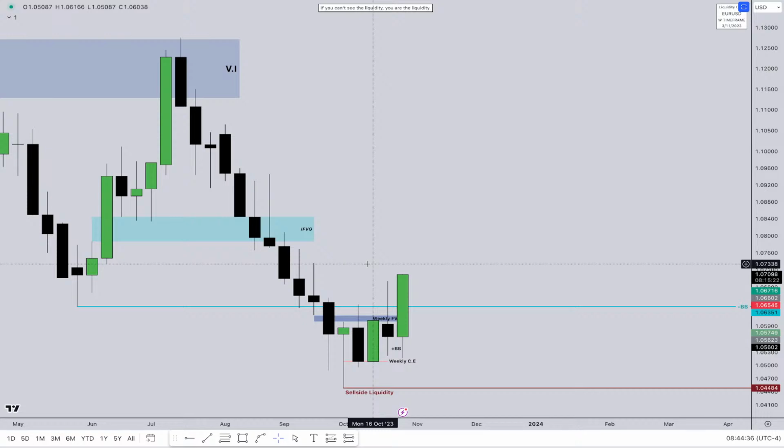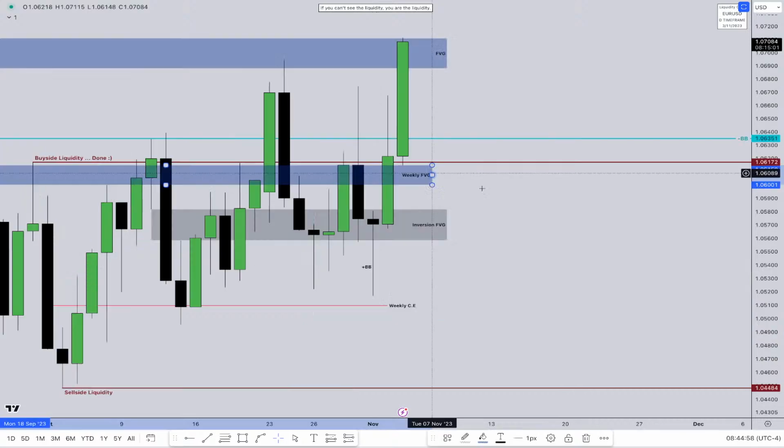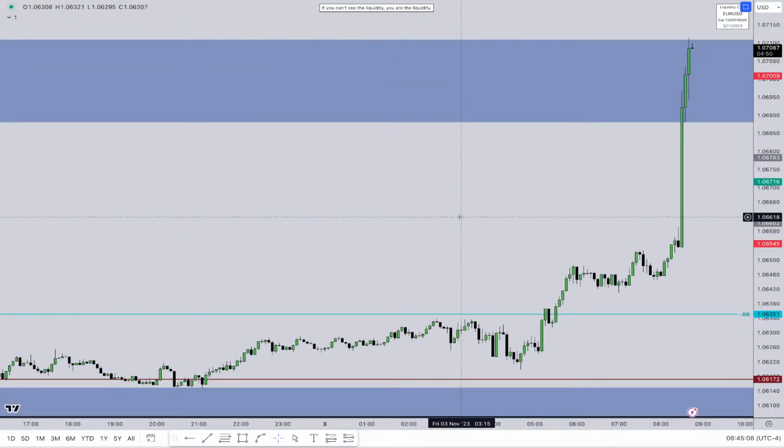It went inside this fair value gap by 0.2 pips right there. This was yesterday. We opened on Friday and we just touched it and we kept trading higher.